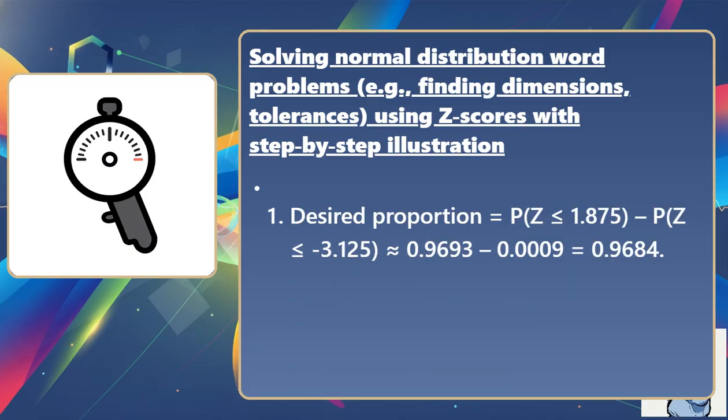Desired proportion equals P of z less than or equal to 1.875 minus P of z less than or equal to minus 3.125, approximately 0.9693 minus 0.0009 equals 0.9684. Thus, about 96.8% of shafts are within tolerance.